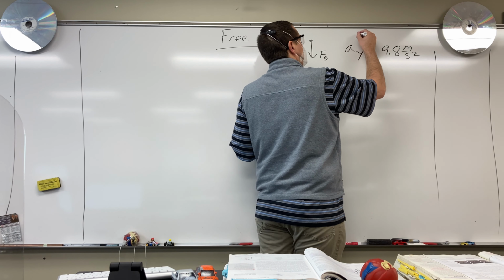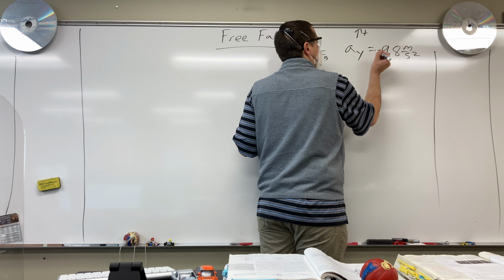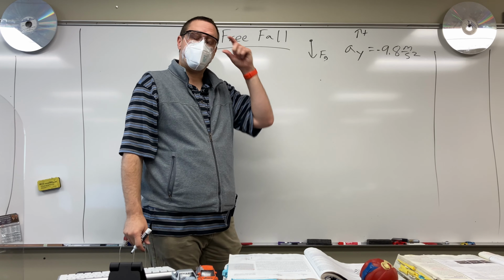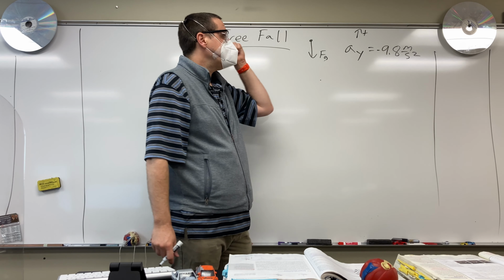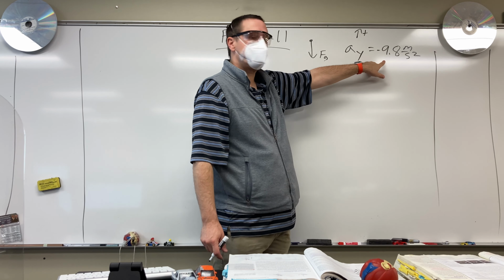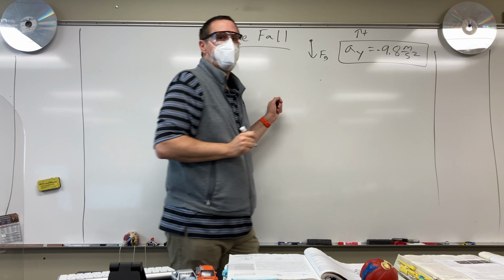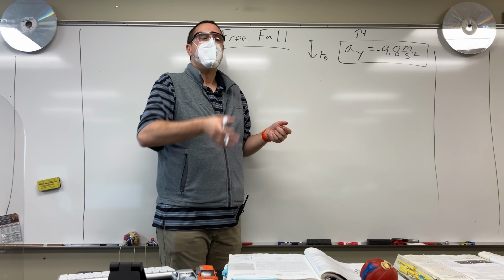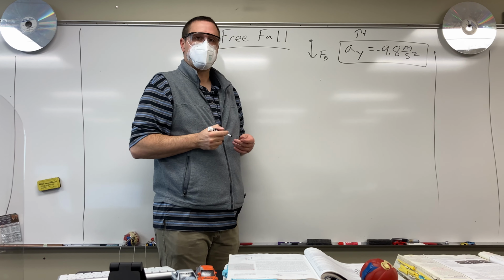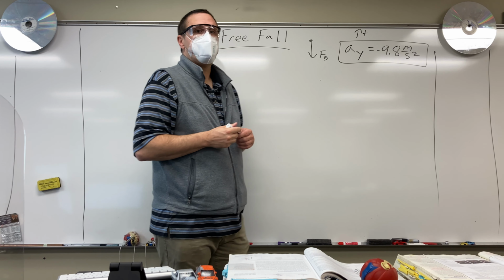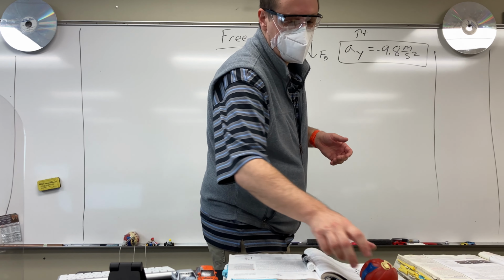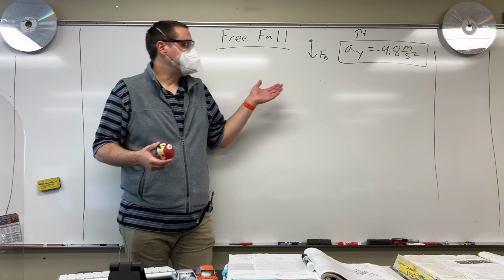And if we are calling up positive, we can go ahead and put a negative on that if we're substituting in our numbers. Okay? So if I'm calling up positive, that's going to be my acceleration in the y direction for all my free fall problems. And we've had some of those before where it was just dropping something or tossing something straight up. Now what we're going to do is talk about projectile problems, or 2D motion, with our free fall ideas.